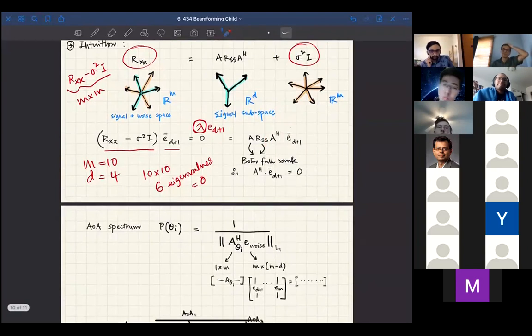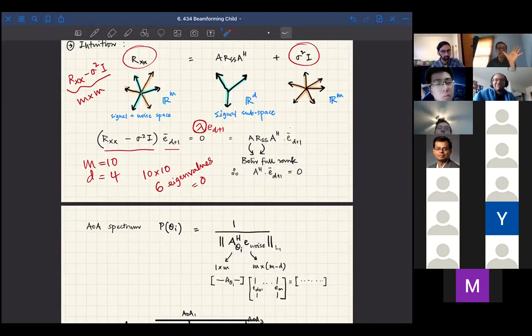In other words, some of the eigenvectors of my received signal autocorrelation should be orthogonal to the directions in which the actual signals came. Let me say that again. Some of the eigenvectors of the received correlation matrix are orthogonal to the actual directions in which the signal came.